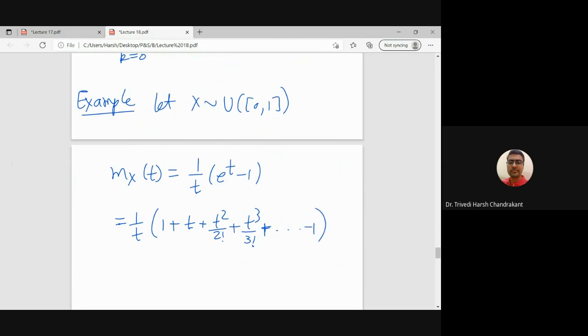So the 1 will cancel with this minus 1, and then we divide each term by t. That means the first term will be 1, the second term will be t by 2 factorial, the third term will be t square by 3 factorial, and so on.